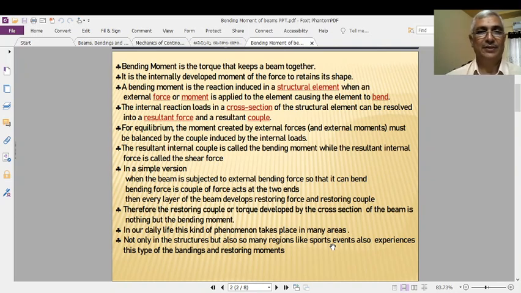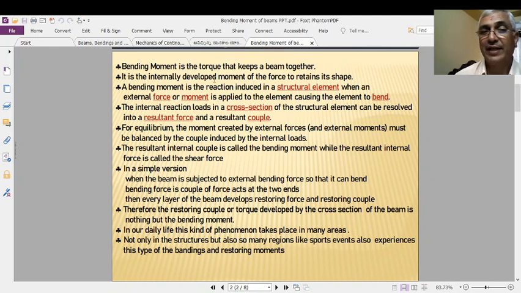Therefore, bending moment is the torque that keeps a beam together. Actually, bending moment is externally developed, but it is the torque that keeps the beam original. It is the internally developed moment.